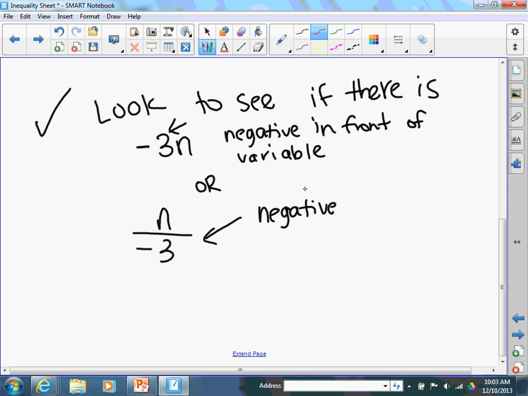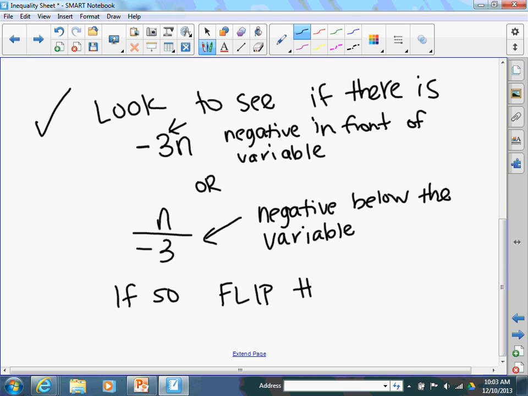Get this written down. If so, flip the sign. Flip the inequality symbol and solve.